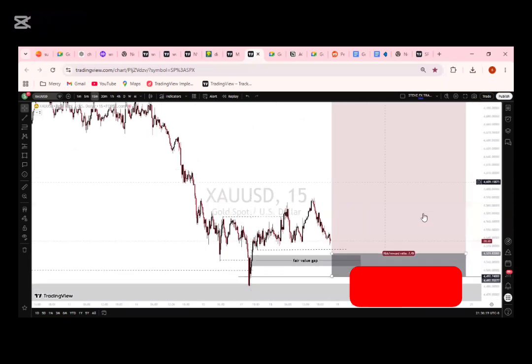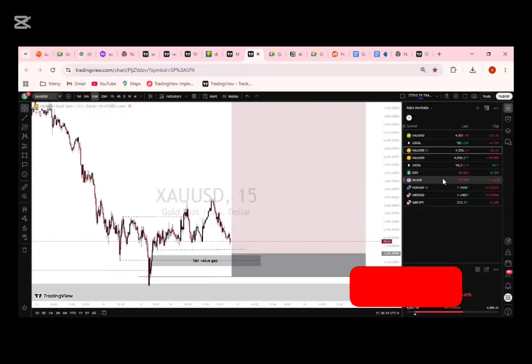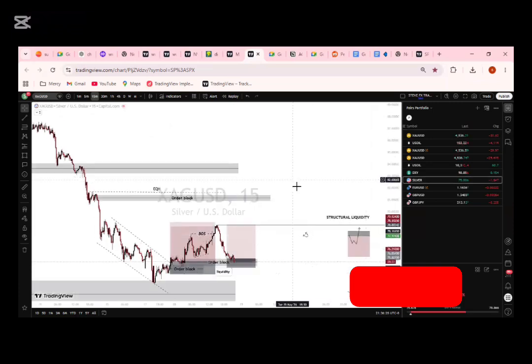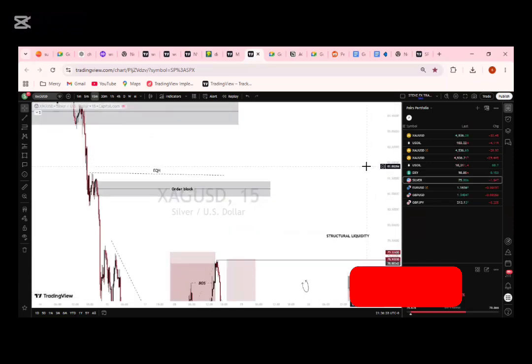So let's try another chart as well. Let's use silver for example.